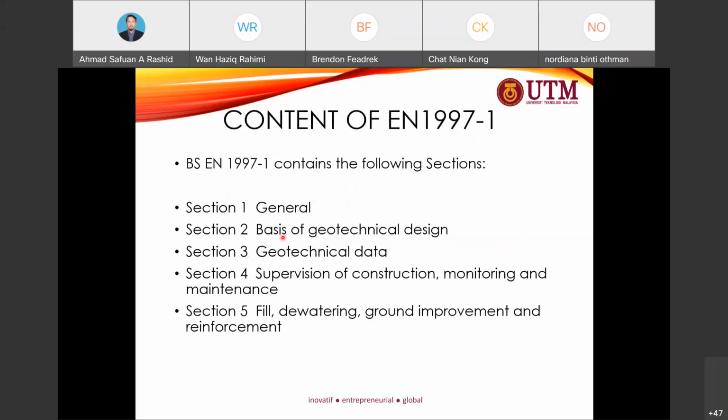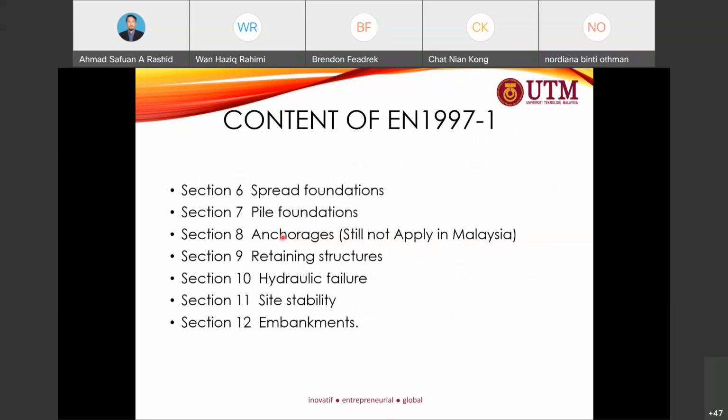So the content of Eurocode 1997 Part 1 has a section on general, basis of geotechnical design in section 2, geotechnical data in section 3, section 4, section 5, and then up to section 12, where they discuss embankments. However, section 8, on anchorage, still does not apply in Malaysia.